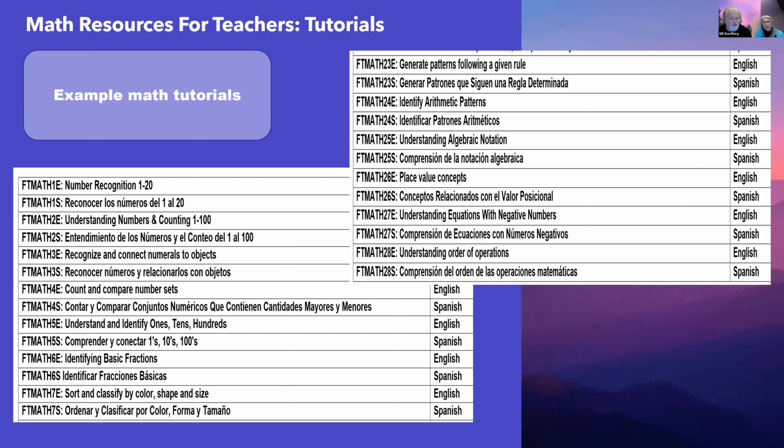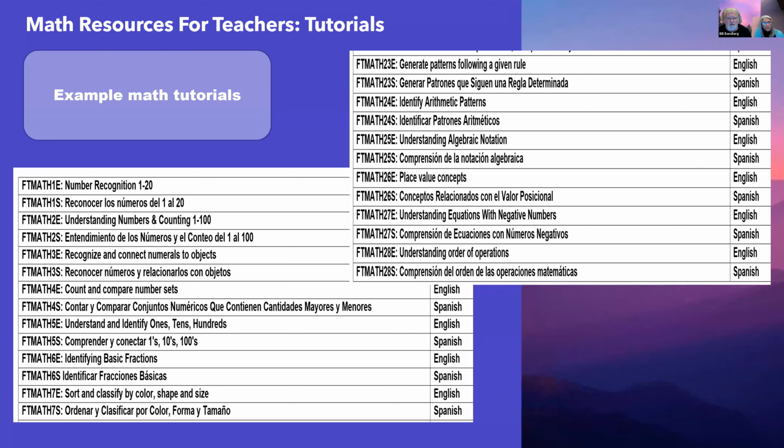The pre-K to grade 2 tutorials deal with number recognition, understanding numbers and counting, recognizing and connecting numerals to objects, and comparing number sets. These are all part of those dimensions of math that we're covering. This is just some of the pre-K to 2.